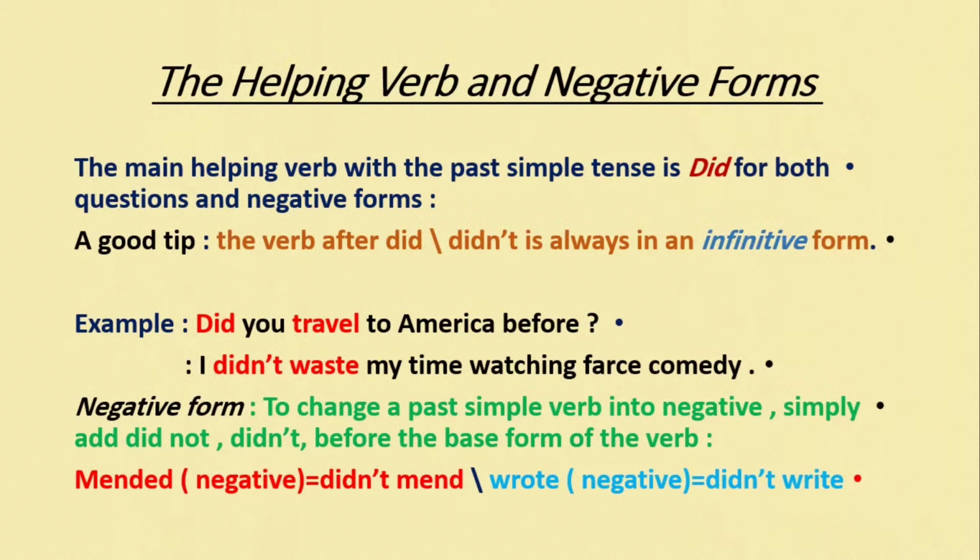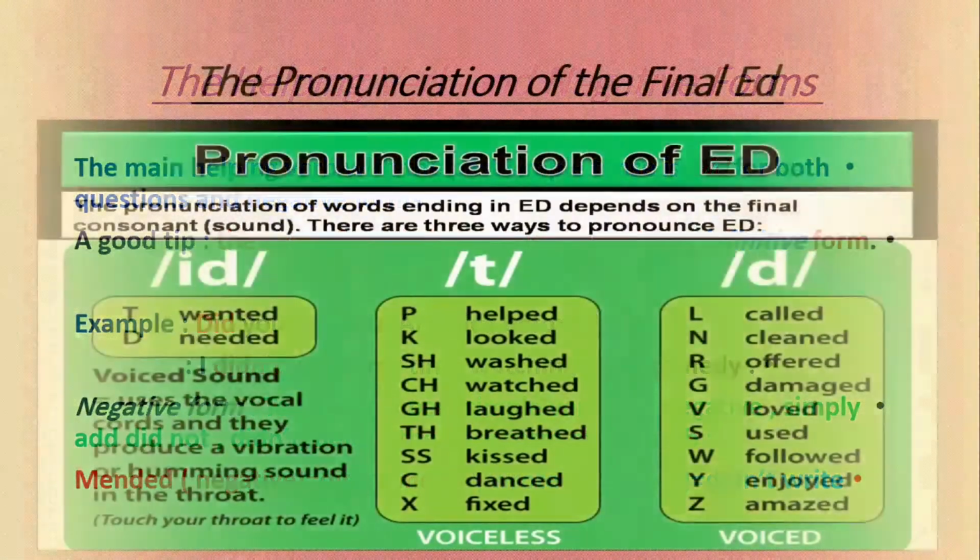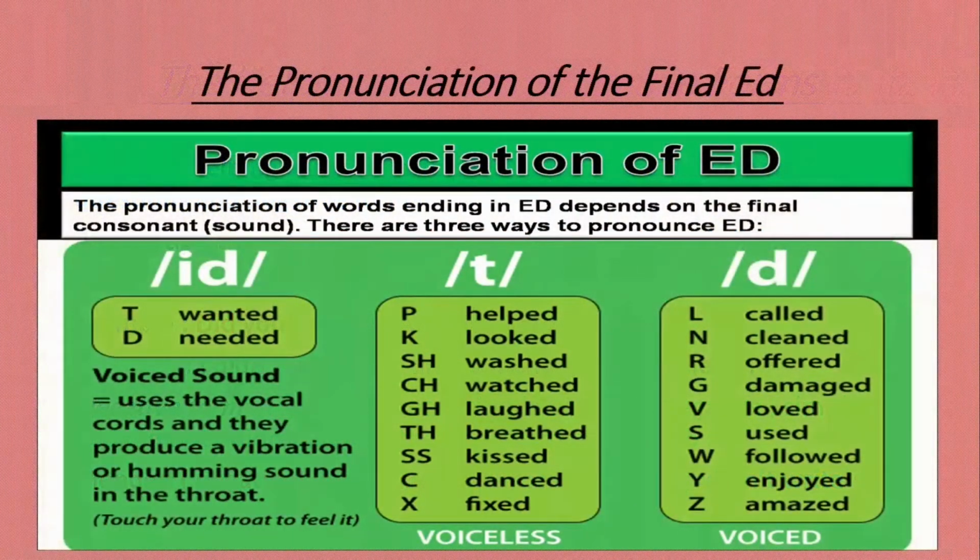So I can say, for example, mended, didn't mend; wrote, didn't write; studied, didn't study, and so on. So using did or did not, whether in negative, in question, or to emphasize an idea in a sentence, use base forms after. After that, we come to the pronunciation of the final ed.